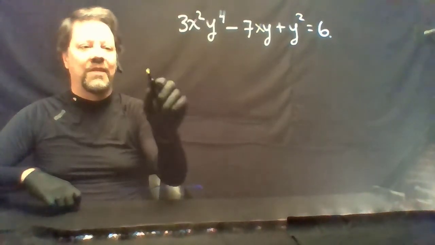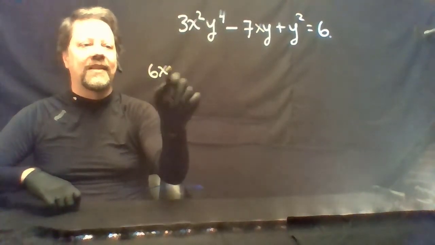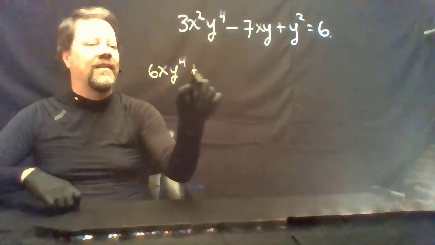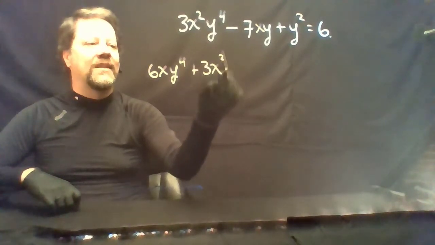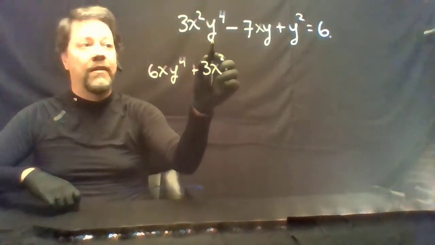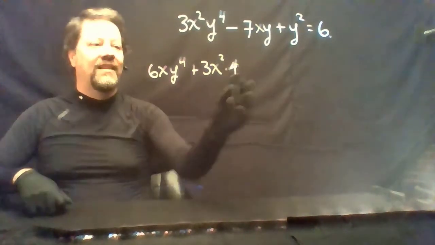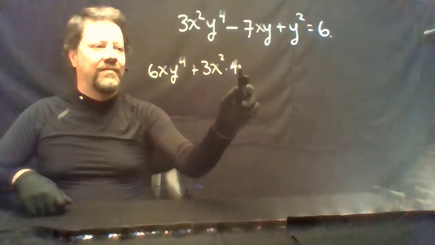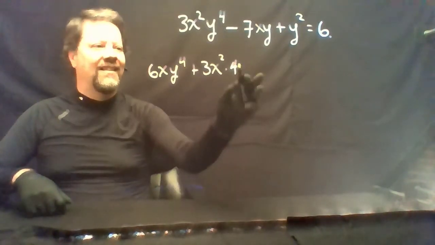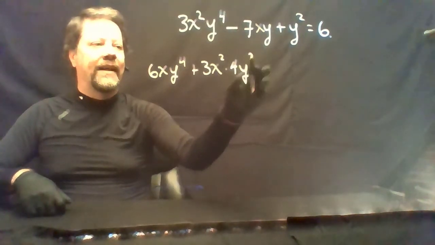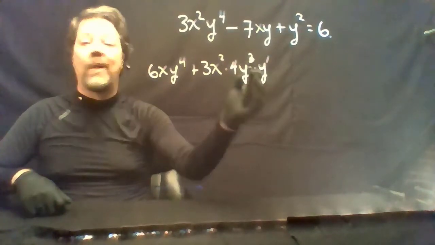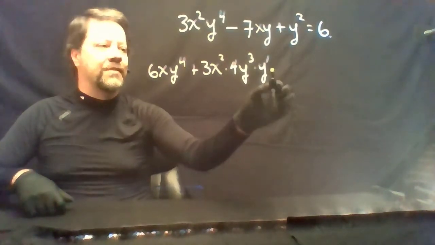So on this first term, we'll have 6x y to the fourth plus 3x squared times the derivative of the y to the fourth. That's 4 y cubed times a dy/dx, or y prime for simplicity.